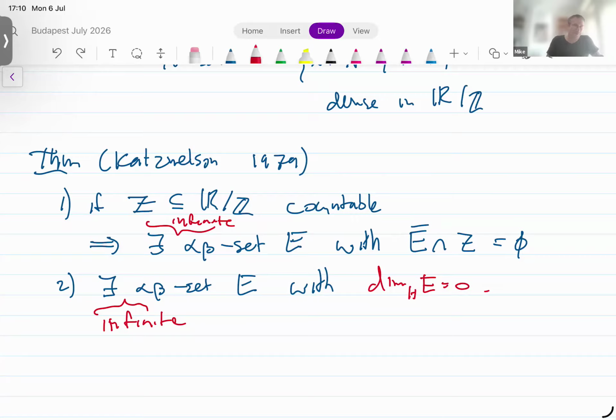Most talks that I give, I can say safely that there's no difference between Hausdorff dimension and box dimension, but here that's not the case.